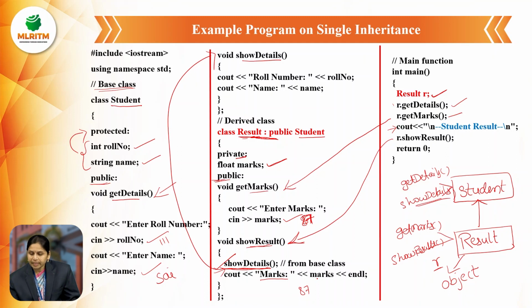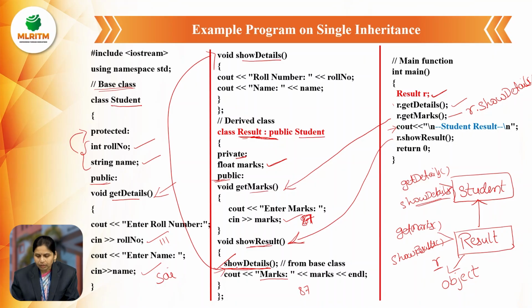So here we can call the show details directly by using the r object also. But here I am calling the parent class method from the child class method, which means we are inheriting the properties from parent to child.